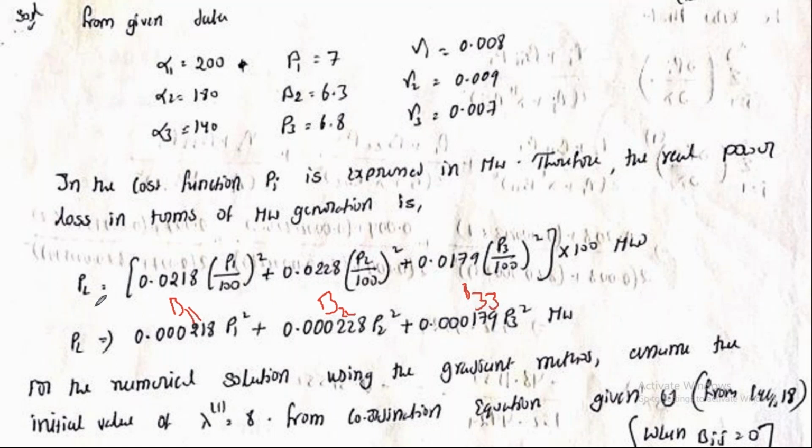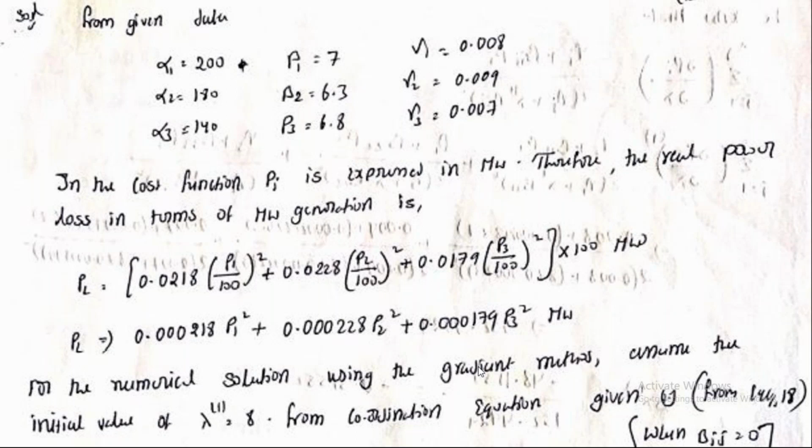So you have to convert the whole power loss equation into megawatts. That is the first step to solve this. After finding this power loss equation, we have to proceed with the remaining procedure.